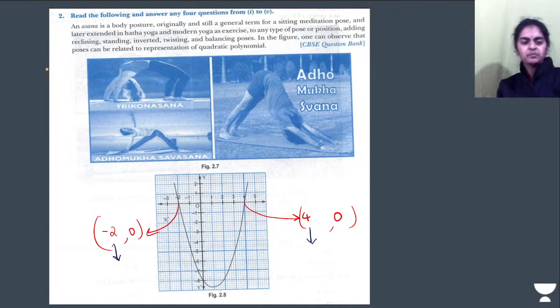Is it clear? Beta, is it clear? -2 and 4 are the zeros of the polynomial. Okay, we will go to the next question then. I hope this is clear for you now.